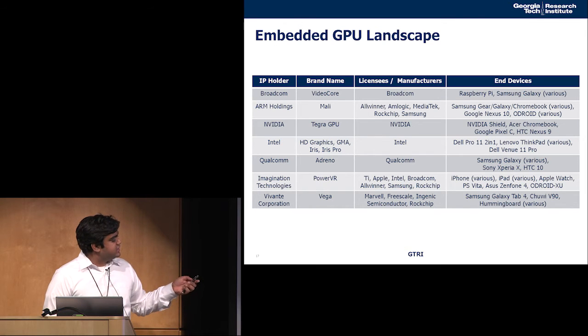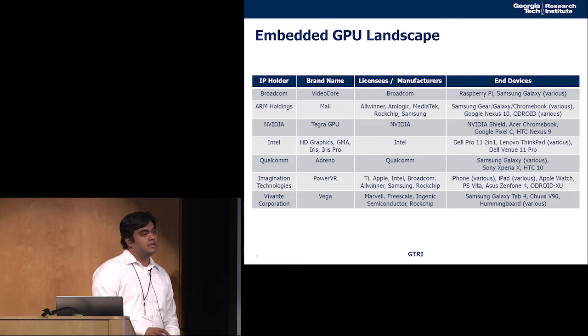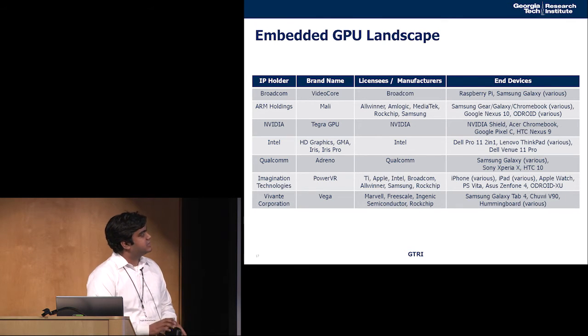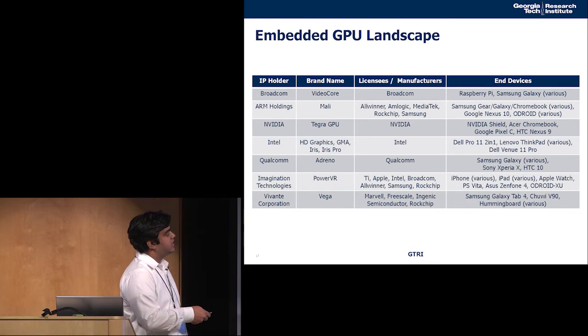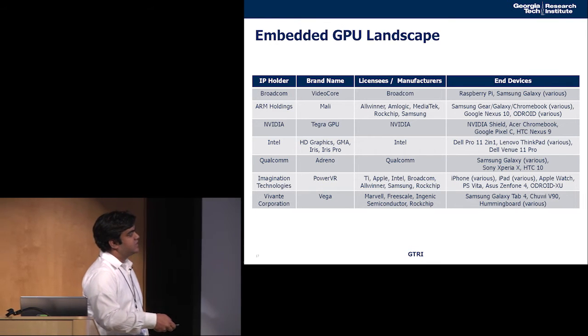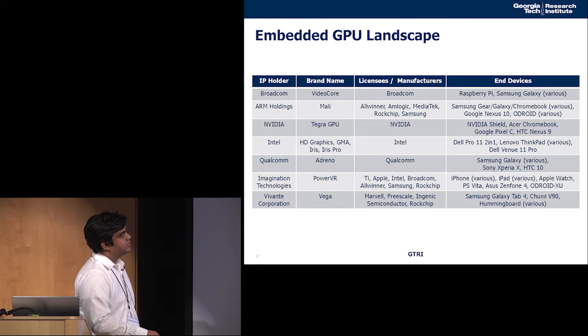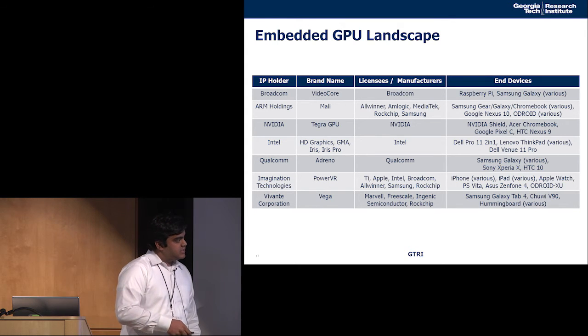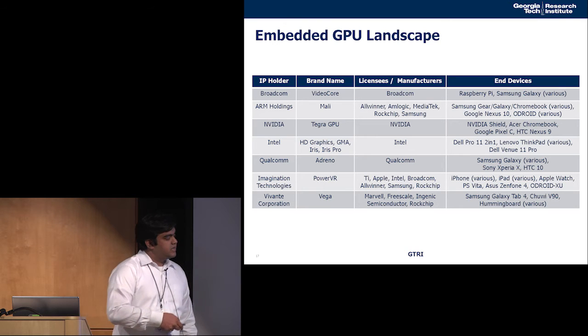But people like ARM Holdings and the Mali license to plenty of other ARM manufacturers. Similarly with Imagination, the PowerVR is in all sorts of stuff. Some of the final products of note are iPhones, iPads, PlayStation Vitas, all sorts of Samsung products using the ARM Mali, and other Samsung products using the Vivante Corporation's Vega line.